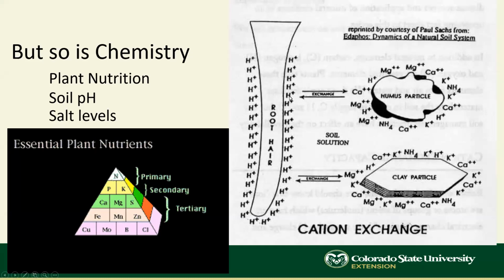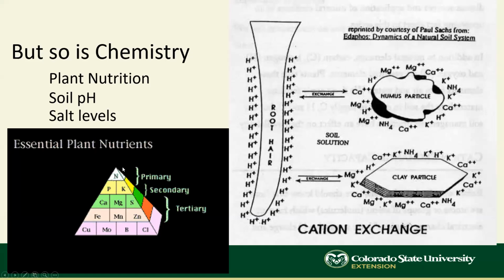But instead of hydrogen, we may have an inorganic mineral like calcium or magnesium, or any of the minerals. They can come over and attach in place of these hydrogens. That's how the roots take up a lot of these minerals, and it all happens in this soil solution around the root hairs.